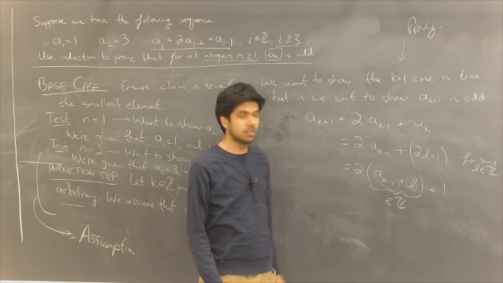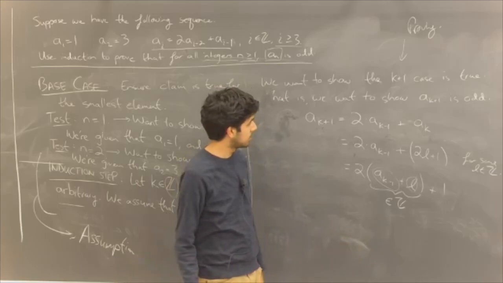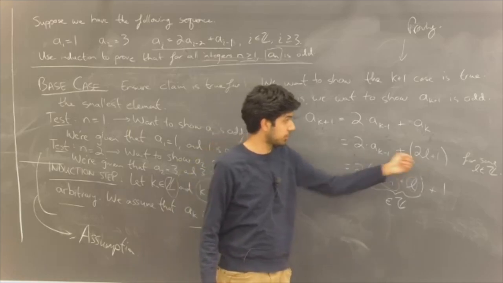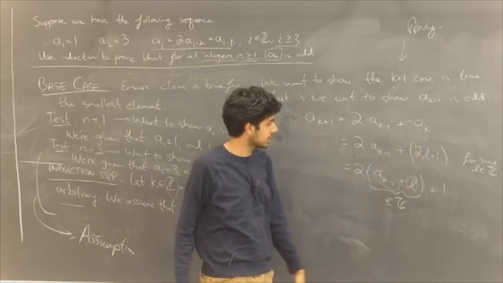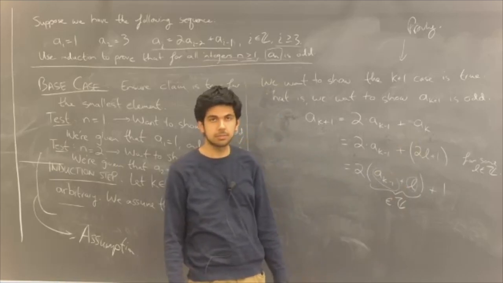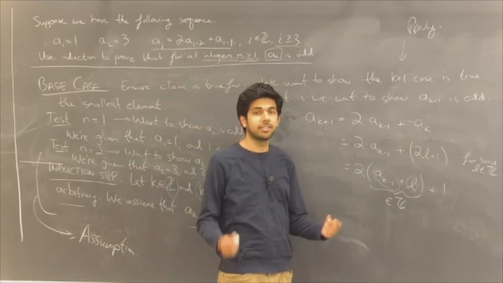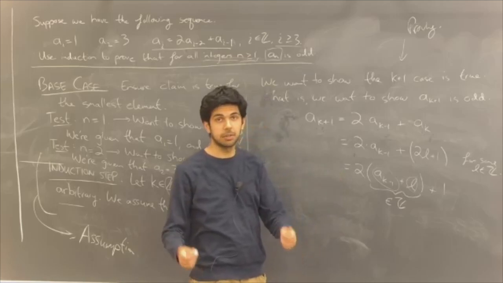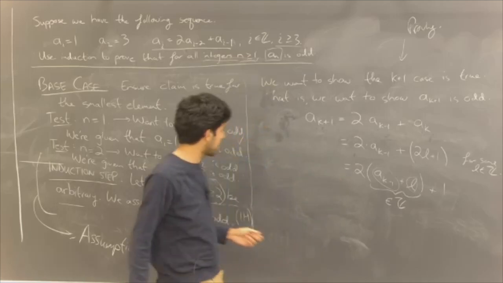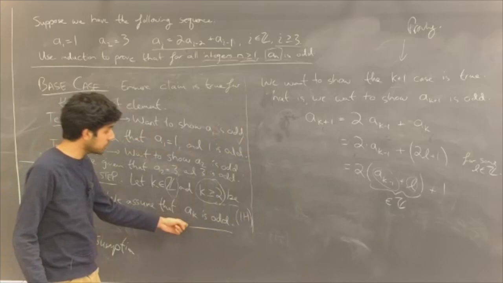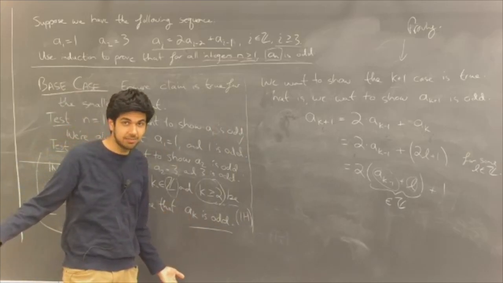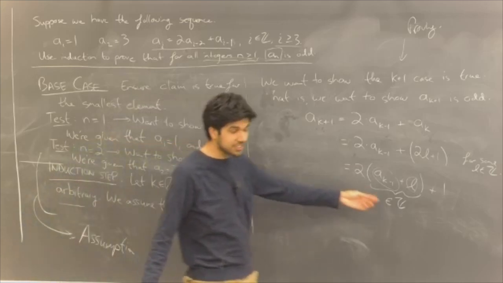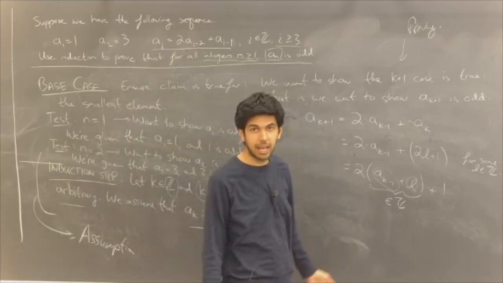So what do we do? I'd love to substitute it with something like 2l plus 1, because that helped out tremendously, but I can't unless I strengthen my induction hypothesis. If I assumed both a sub k and a sub k minus 1 were odd, then I could do a little bit of substitution here and we'd be living a happy life.